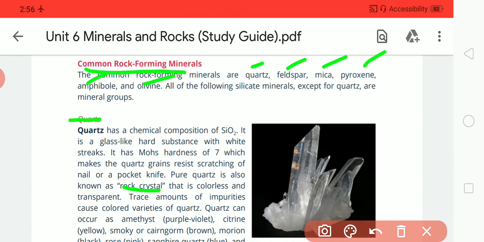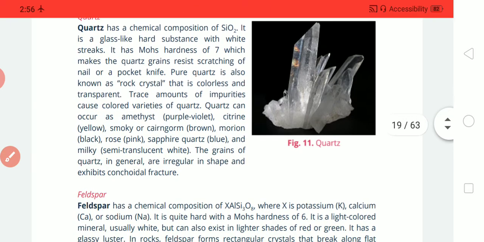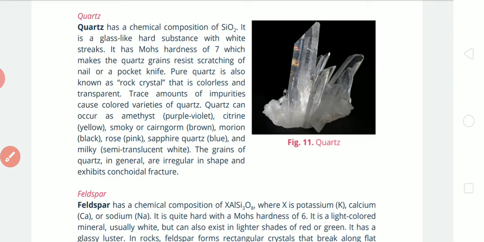Quartz can occur as amethyst, which is purple violet; citrine, yellow; smoky or cairngorm, brown; morion, black; rose, pink; sapphire quartz, blue; and milky, which is a semi-translucent white. The grains of quartz in general are irregular in shape and exhibit conchoidal fracture.